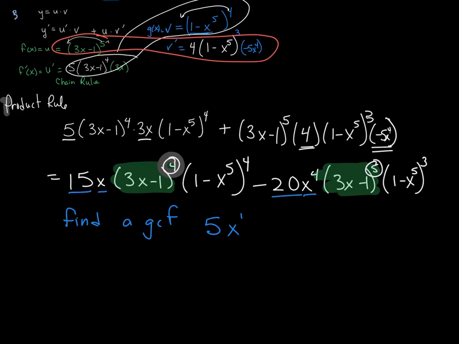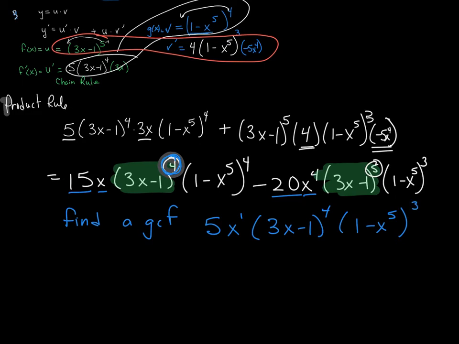So your GCF is going to be 3x minus 1. I picked the lower exponent on the outside, so that would be to the 4th power. And I do the same thing again with the next one, and that would be (1-x^5). And what exponent would I want on that one? Yep.